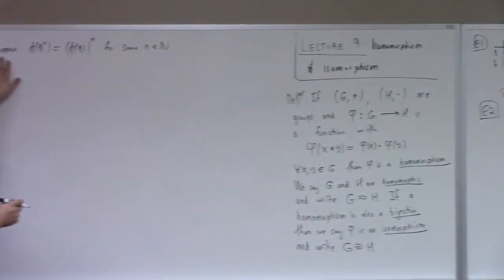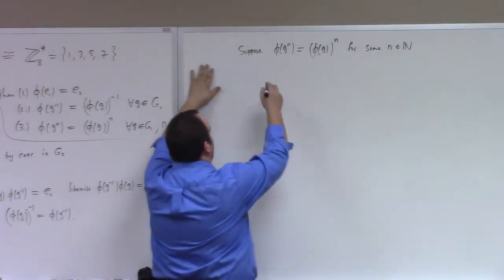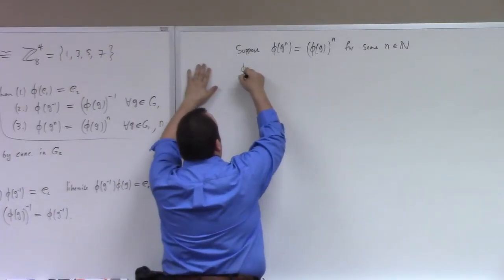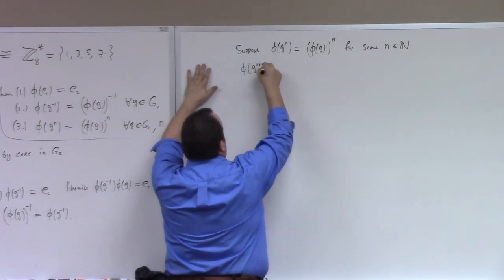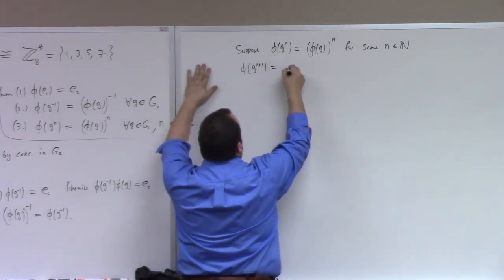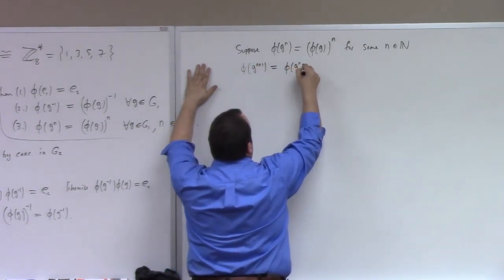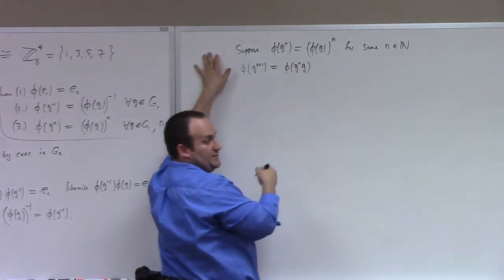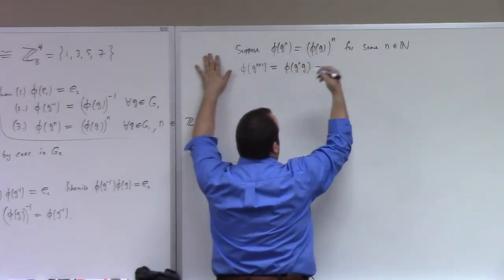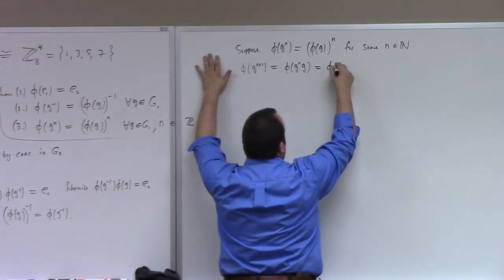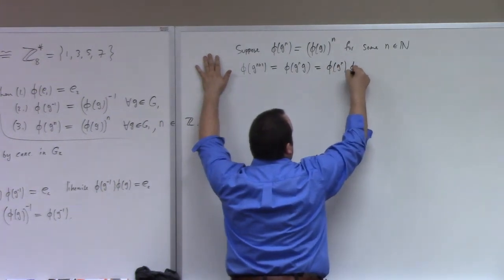This is clearly true for n equals 1. And so by induction, let's look at phi of g to the n plus 1, which would be phi of g to the n times g by definition of exponents, or laws of exponents, whatever you like. So that's phi of g to the n times phi of g.